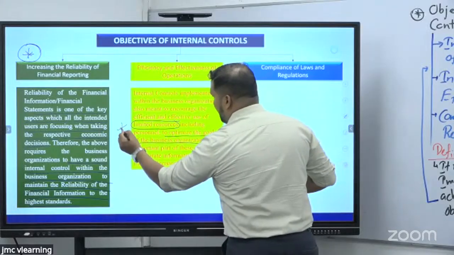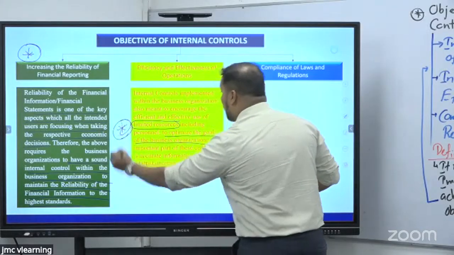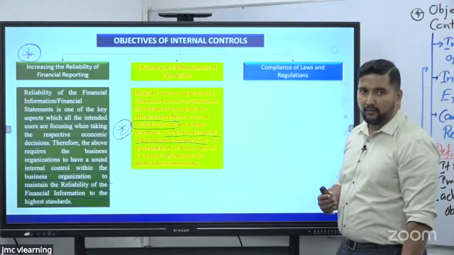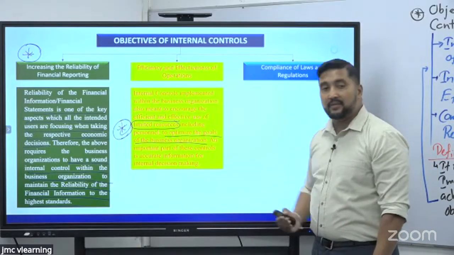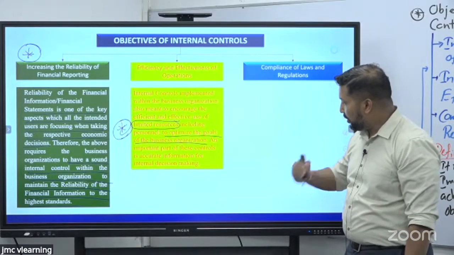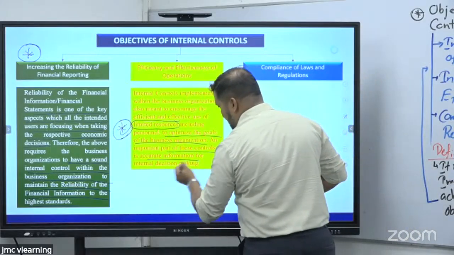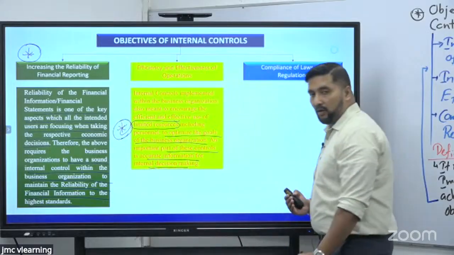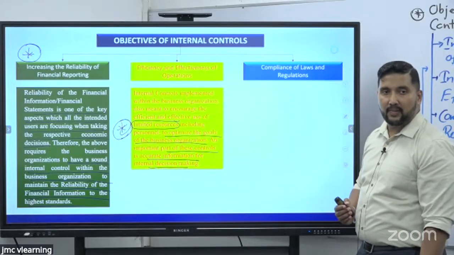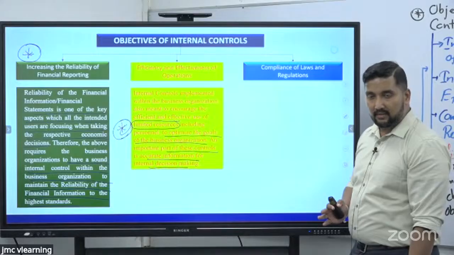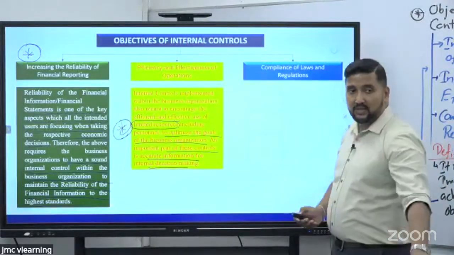In order to do that, we need to have controls in place. Clear? Right. Compliance with laws and regulations.